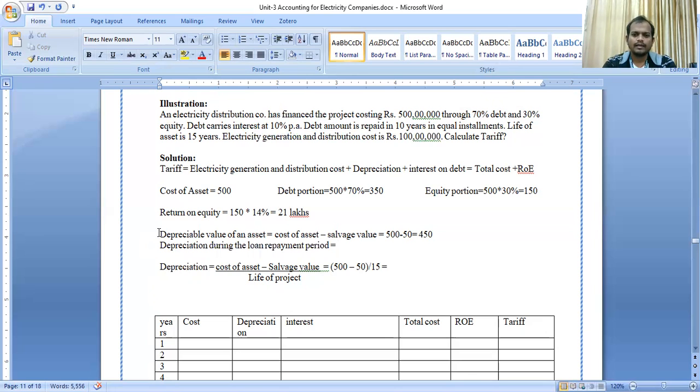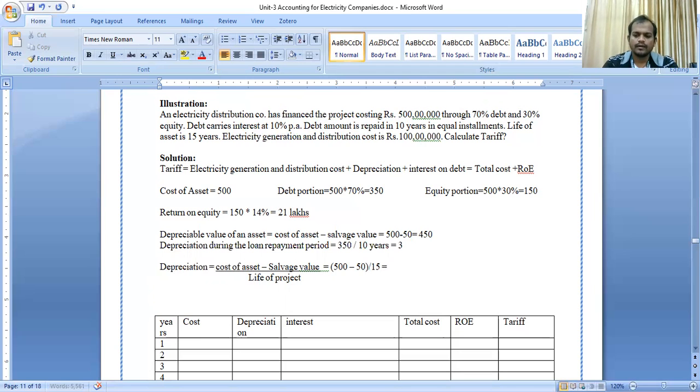So as per the regulations, first of all, we have to clear this debt portion. We have to calculate the depreciation for this debt portion, that is 350 lakhs divided by 10 years, because debt repayment period is 10 years.